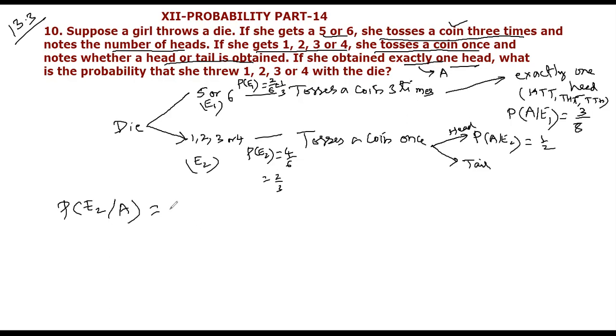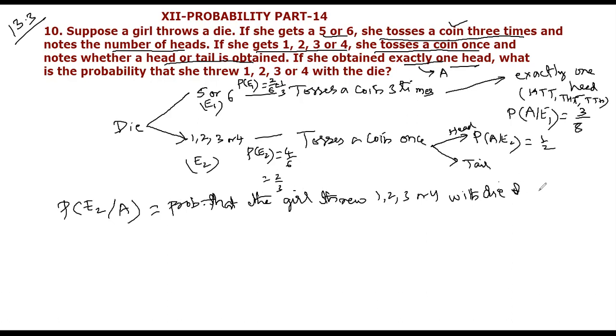This is the probability that the girl threw 1, 2, 3, or 4 with the die if she obtained exactly one head.